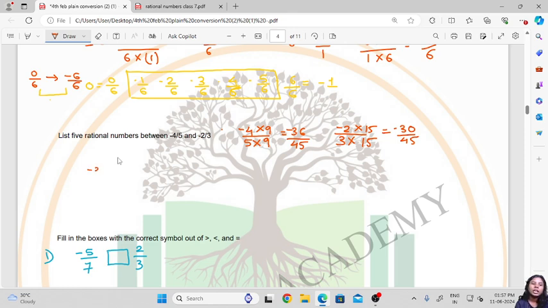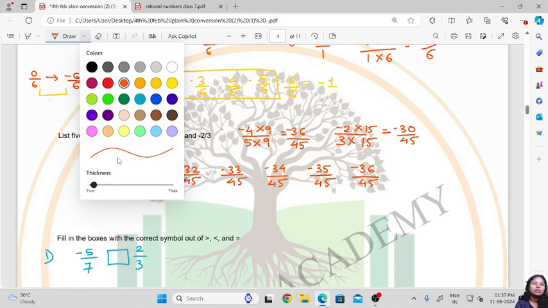So we'll begin with minus 30 upon 45, then we'll have minus 31 upon 45, minus 32 upon 45, minus 33 upon 45, minus 34 upon 45 and minus 35 upon 45. Last we have minus 36 upon 45.